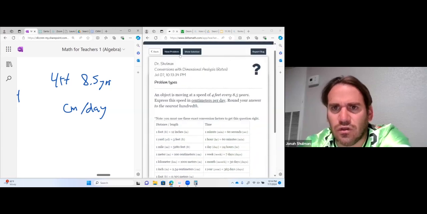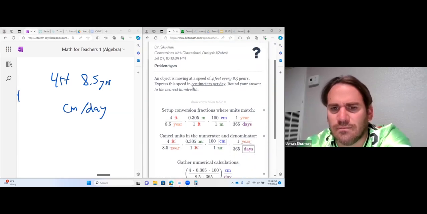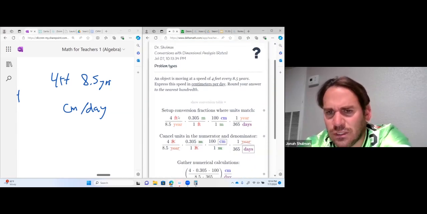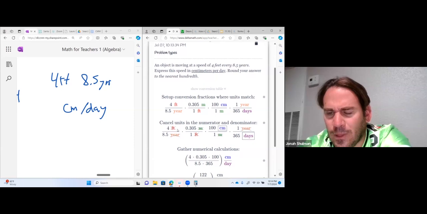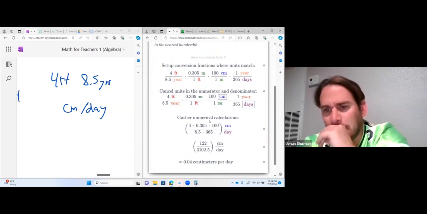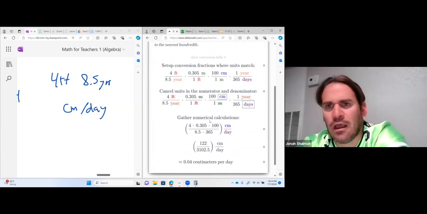And here, I'll just show you the steps because this one's really hard. Not only do you have to change the feet as you go through, you also have to change the years.